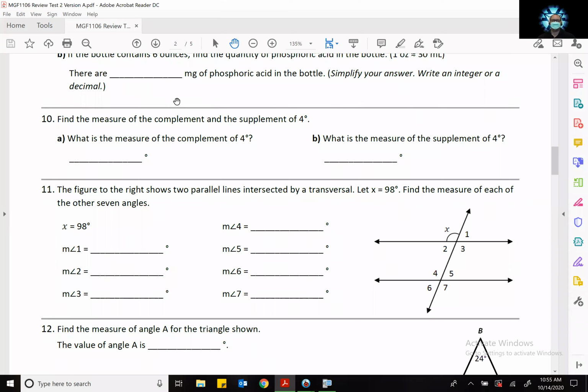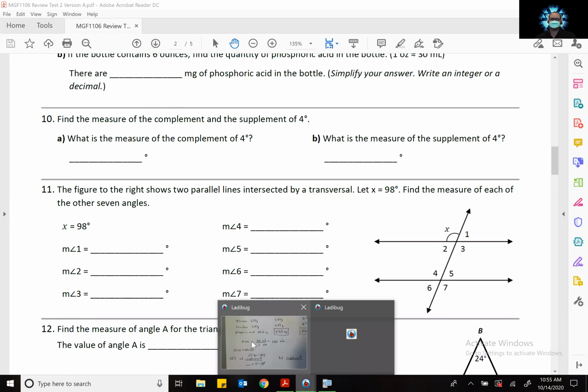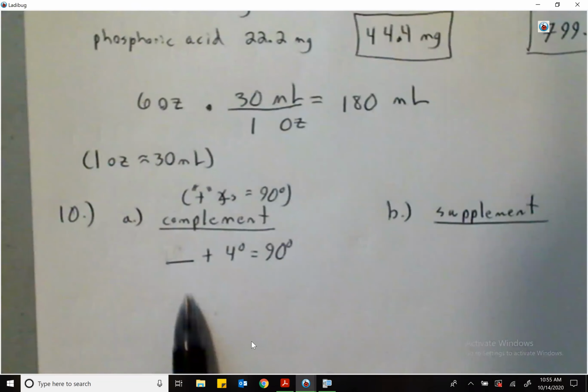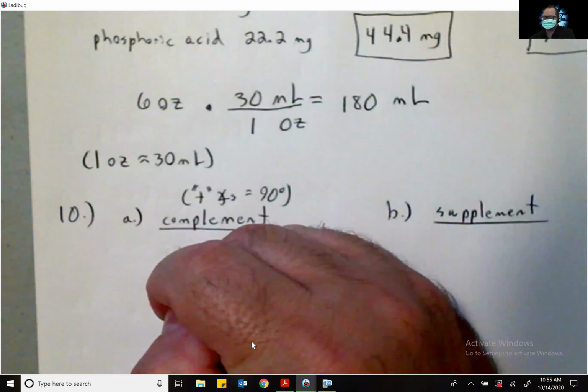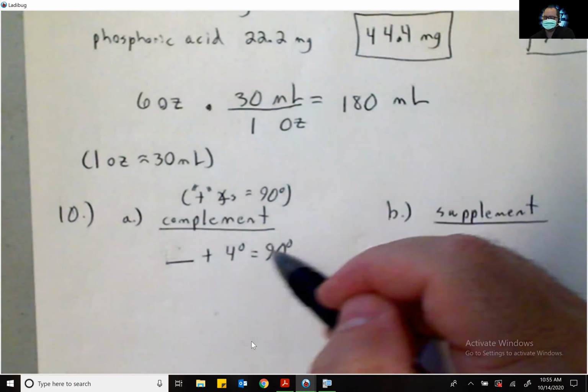So complement is all about two angles that add together that will equal 90. So basically they're asking what plus 4 degrees equals 90 degrees. And so that missing angle is what we're looking for. Is that the 86 degrees? So 86 degrees. Just like what you said, we're going to take 90 minus the 4.